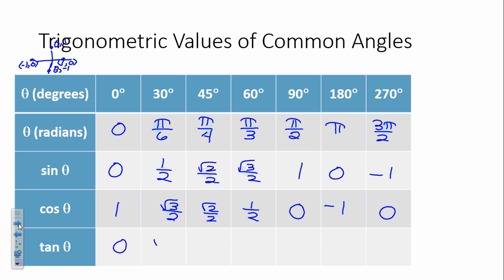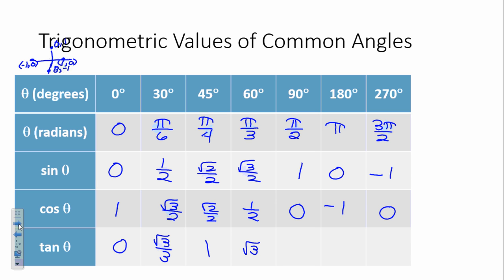This is the one with all the 3's, square root of 3 over 3. For 45, square root of 2 over 2 over square root of 2 over 2 is 4 over 4, right? So this over this is going to be 1. And square root of 3 over 2 over 1/2 is square root of 3.